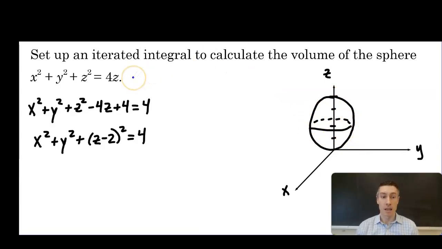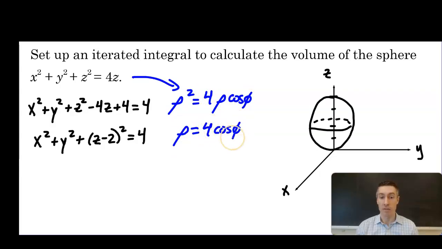Now we need this in spherical, so that's going to be rho squared equals 4 rho cosine phi. So that's rho equals 4 cosine phi. Now, just like in polar, this graph doesn't take 2 pi, and phi has to go from 0 to pi anyway.